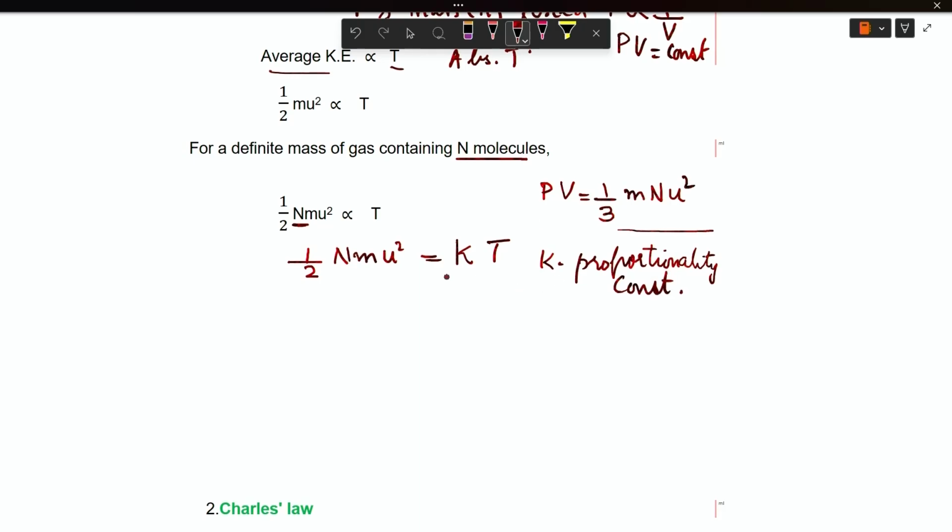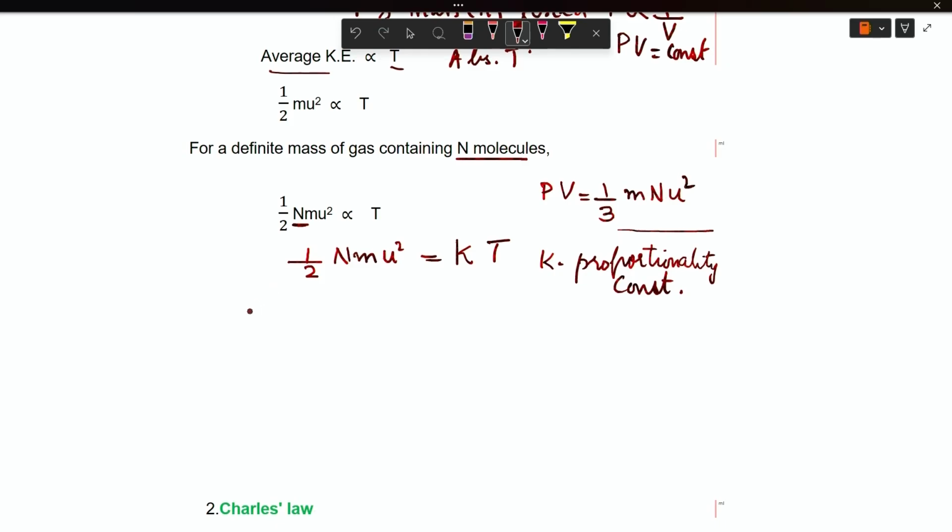So 1/2 N m u² = kT. Now, here I need 1/3 in the denominator, and I do not need this 2.